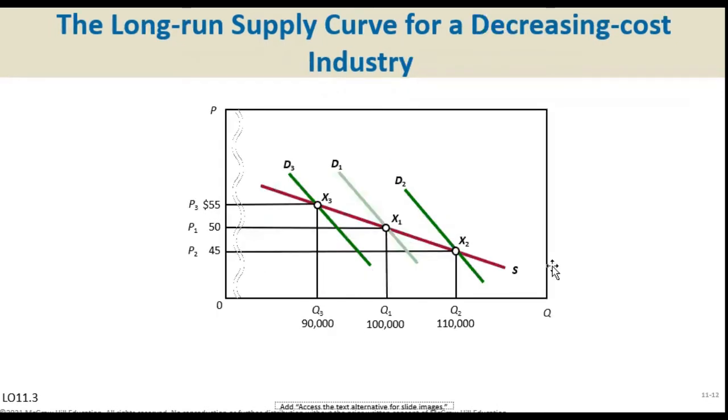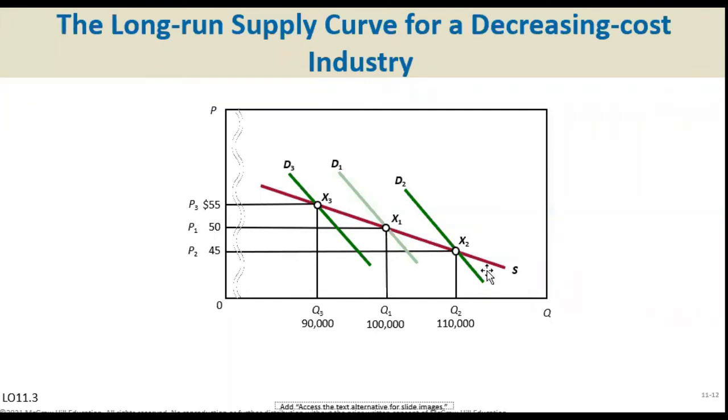The last scenario that we discussed is the case of a decreasing cost industry. The long-run supply curve for this type of industry is downsloping.